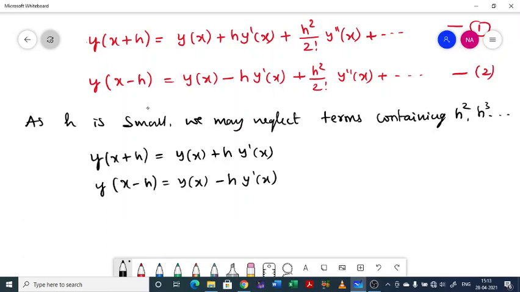from this, y dash of x will be y of x plus h minus y of x, by h, right? Don't add that directly.